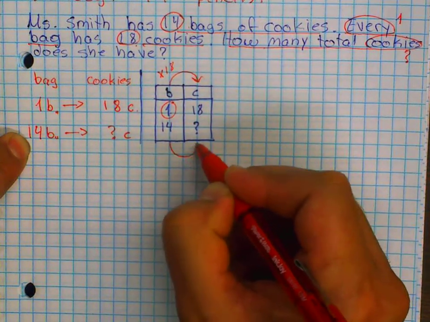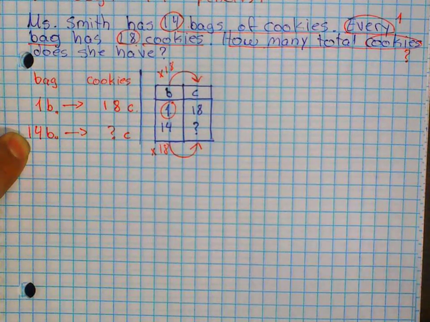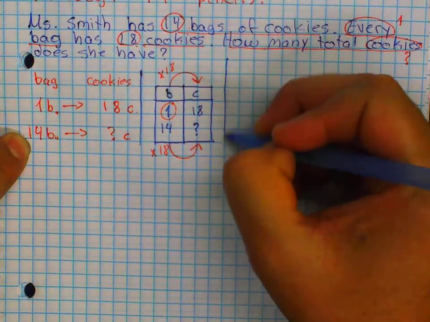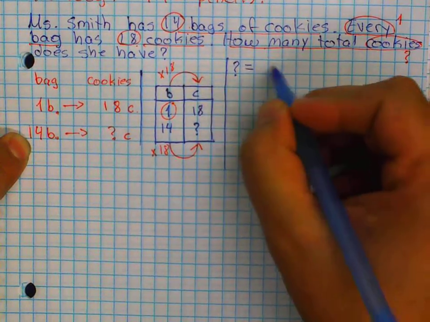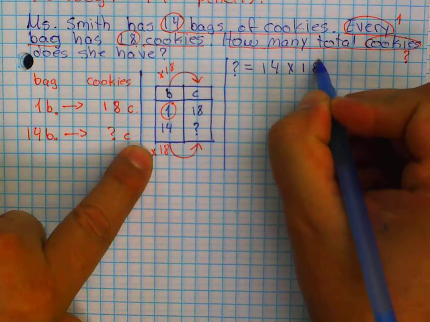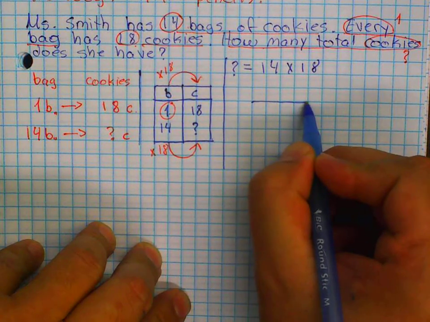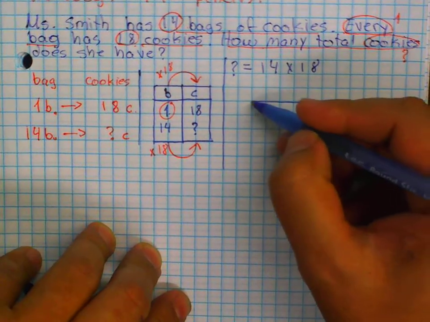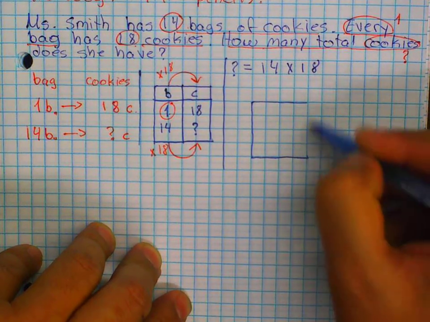So to figure out how many cookies there are, I need to multiply my 14 bags times the 18 cookies in each bag. For that, we use the same partial product box that we learned last week. I notice that I have a 2-digit number times a 2-digit number, so I can cut my box into 4 pieces.